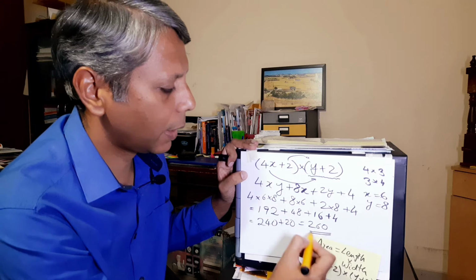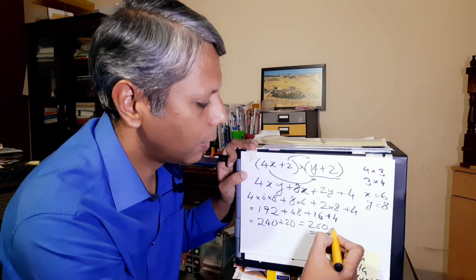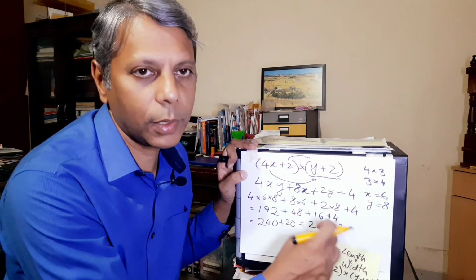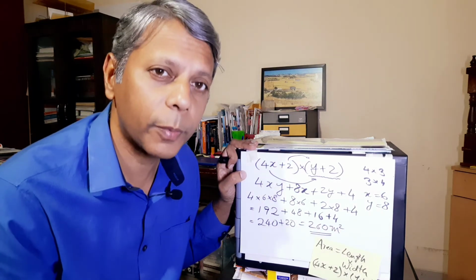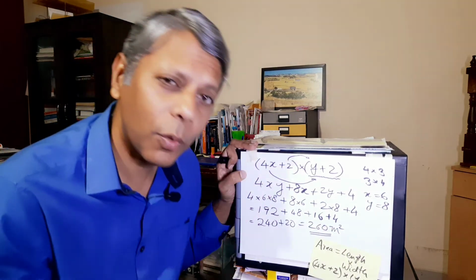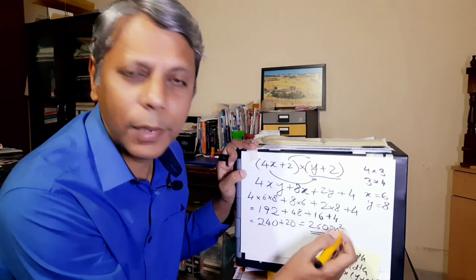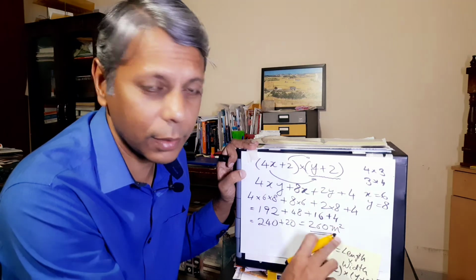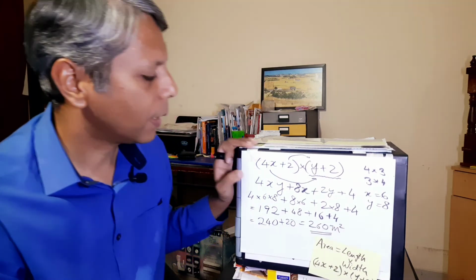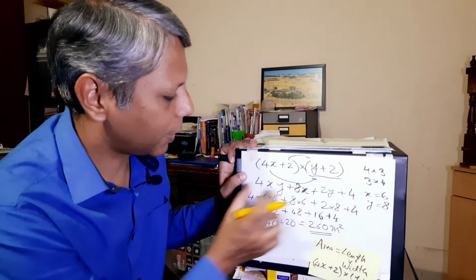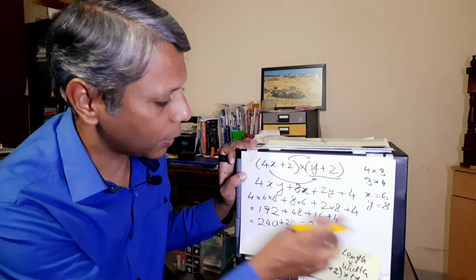So that's 260 meter square. This is particularly important when you're doing problems in areas and so on. But now we are actually focusing on how to deal with expressions. So we are not so interested in writing the correct unit at this moment. But in any case, this is how you multiply two expressions, and this is how you substitute.